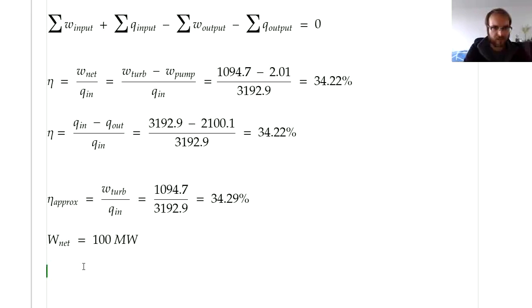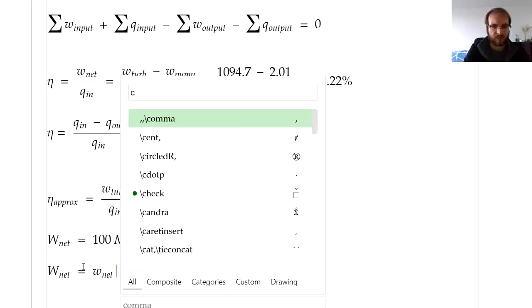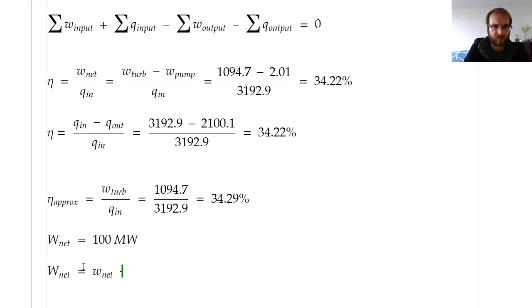For that, basically we can say that the net work output as an absolute value is unit net work output multiplied by the mass flow rate of the working fluid, here of the steam.